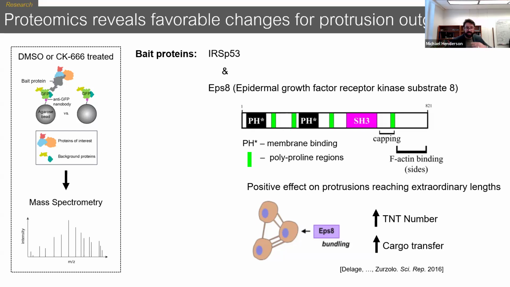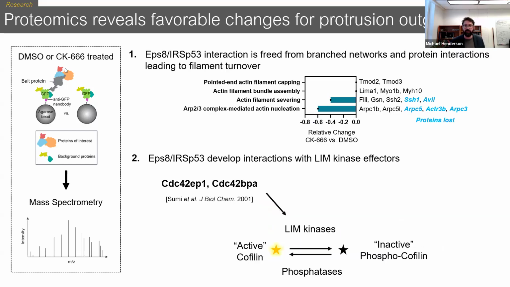By using these two proteins as bait proteins, we found some really interesting network changes on actin that seem to facilitate the remarkable growth of very long actin filaments. For example, when we looked at these bait proteins, we see a loss of some proteins upon inhibition of the ARP2/3 complex.